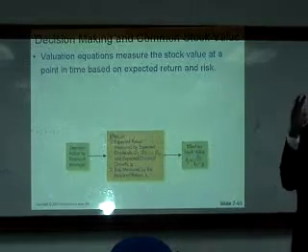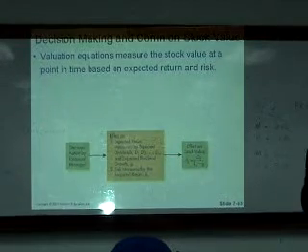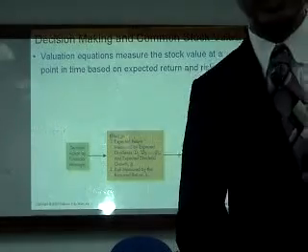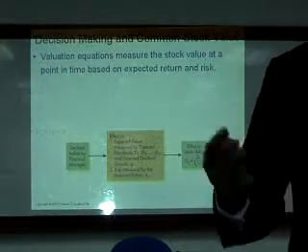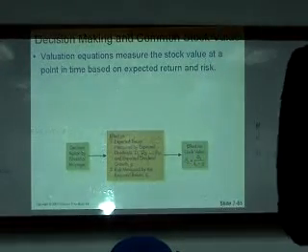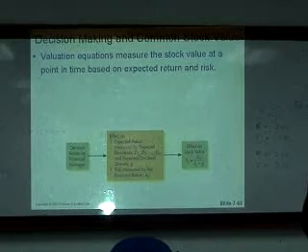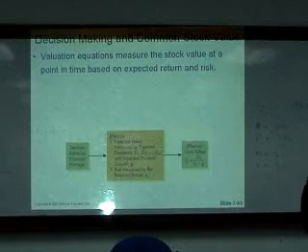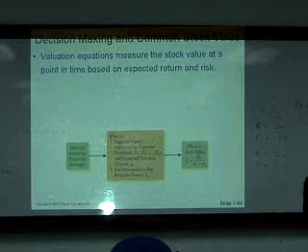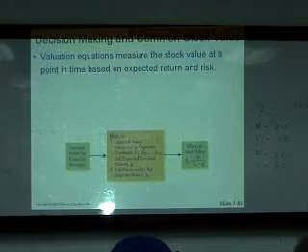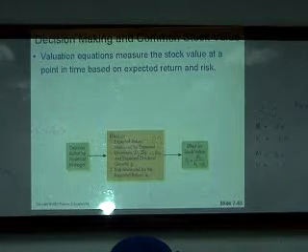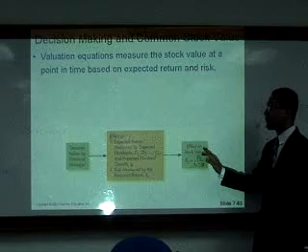So there are two factors here: one is the expected return, the other one is risk. Risk is from the required return. Expected return is from the expected dividend. These two elements will affect the price of the stock, or the stock value.